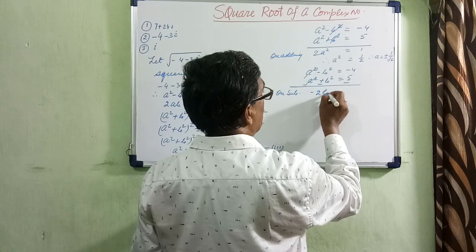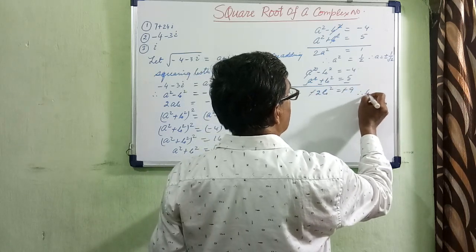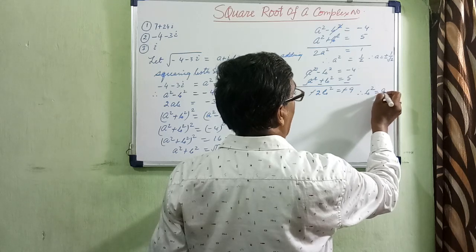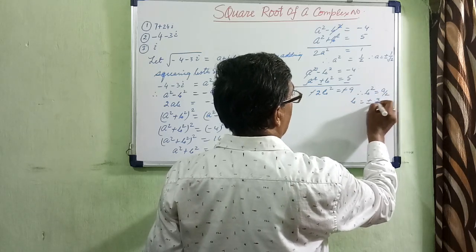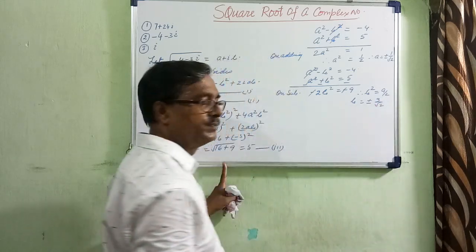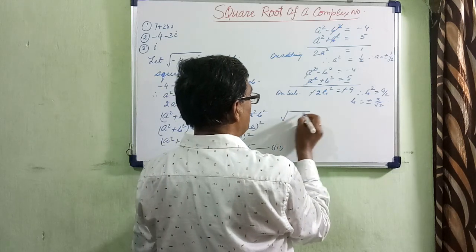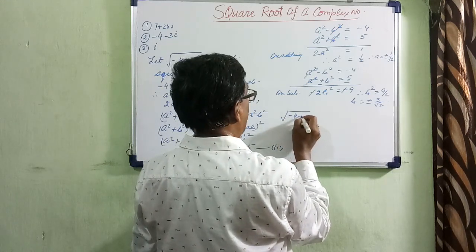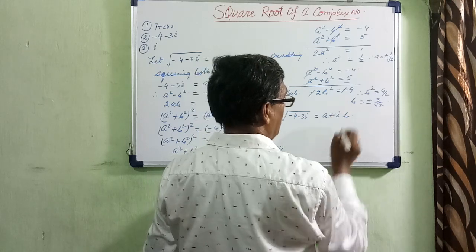Minus 2b square equals minus 9. Therefore, b square is equal to 9 by 2. So, b is equal to plus minus 3 by root 2. And now, therefore, what is the square root of minus 4 minus 3i? It is equal to a plus ib.